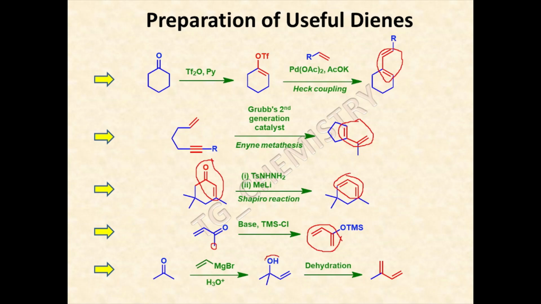The substituted allylic alcohols, also by means of dehydration reaction, can form the S-cis diene system, and these allylic alcohols can be formed by means of reaction of vinyl magnesium bromide with acetone in acidic condition. Then they can form the allylic alcohols, and by dehydration you can have these diene systems. So these are some examples for synthesizing some useful dienes.